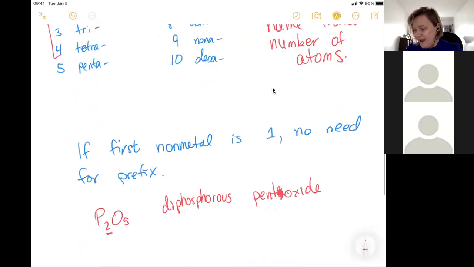So we just cut the A out and say pentoxide. See, so much easier to say pentoxide. Diphosphorus pentoxide. And that's it.